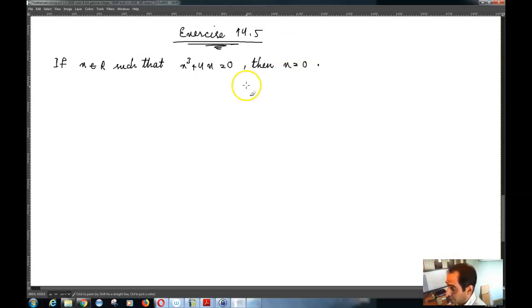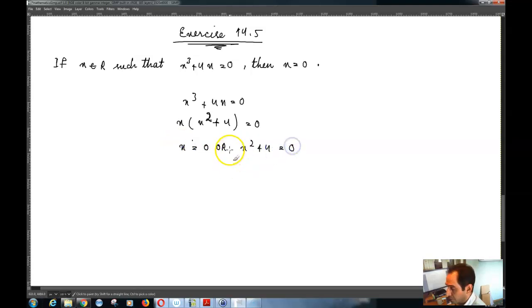Of course we can test that. We can write this as x cubed plus 4x is equal to 0 and take an x out: x times (x squared plus 4) is equal to 0. Either x is equal to 0 or x squared plus 4 is equal to 0.